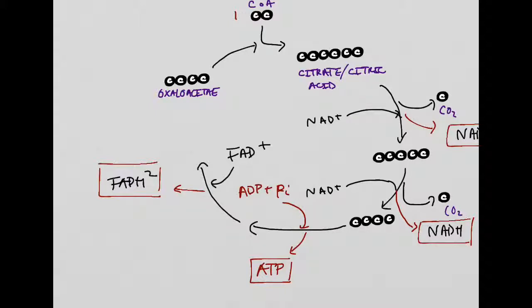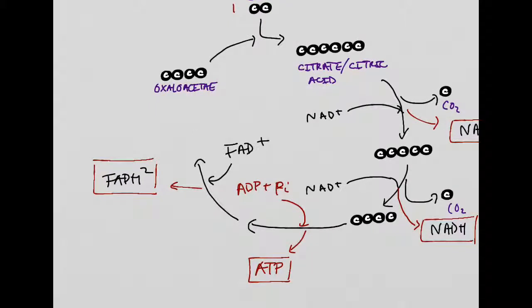And then right before we form oxaloacetate, we still have a 4-carbon molecule with some energy. So again, we feed another NAD+ into the cycle, and we pop out an NADH.